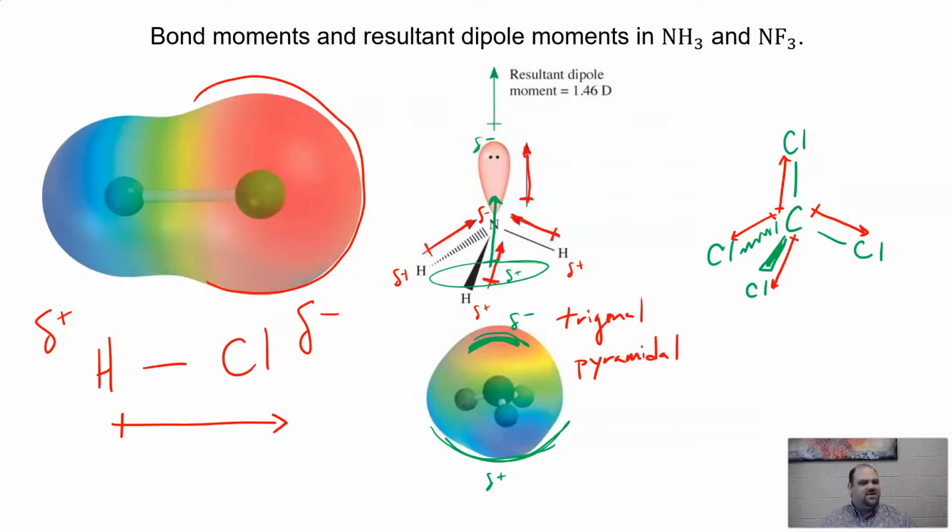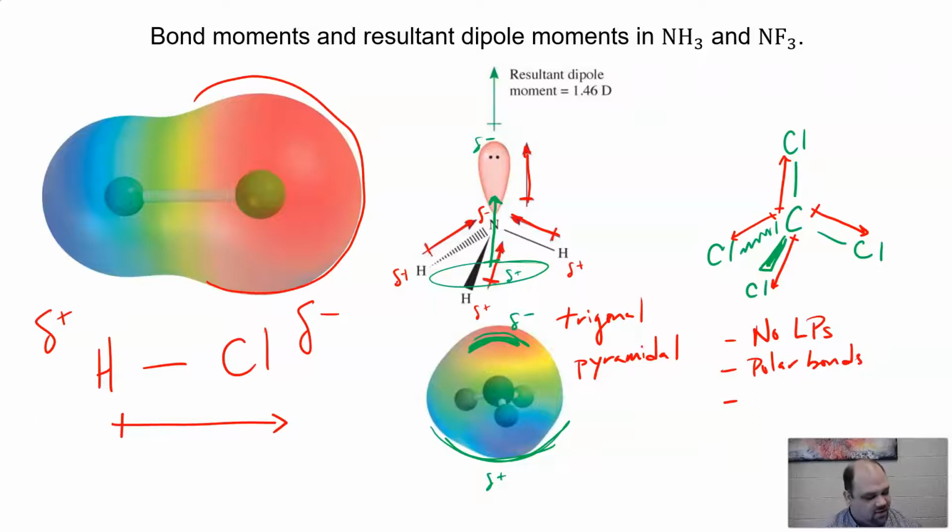With this, it's kind of hard to tell exactly how it balances out, but I'm going to give you a shortcut. Because there are no lone pairs on this molecule, even though each of the individual bonds is polar, overall the molecule is nonpolar. Let me say that again. We have no lone pairs. Right? We do have polar bonds.